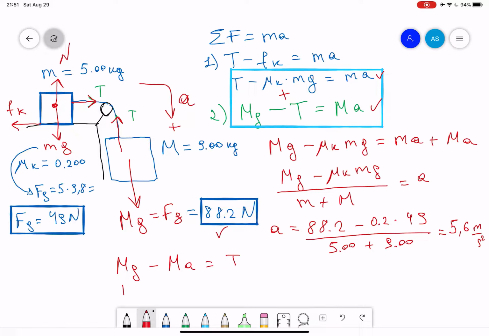So tension is 88.2 minus 9 kilograms multiplied by 5.6, which gives 37.8 newtons. Okay, so this is how you solve such a problem.